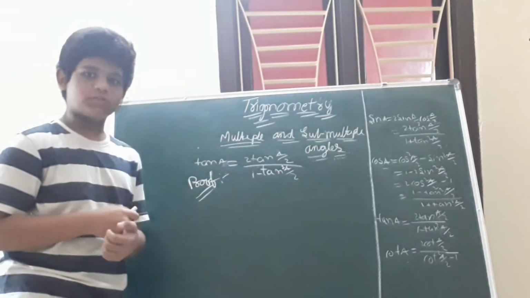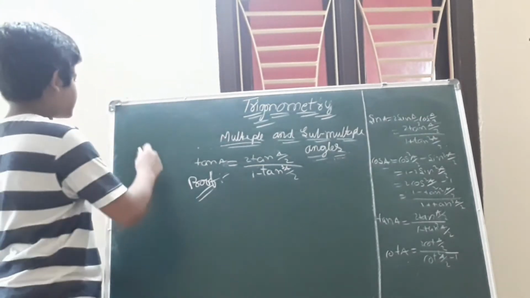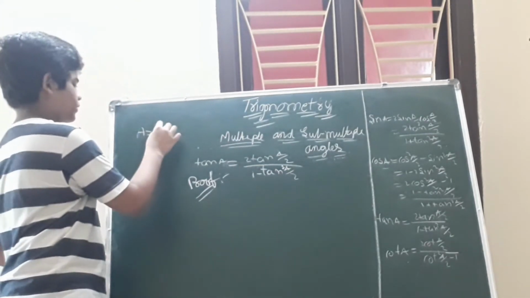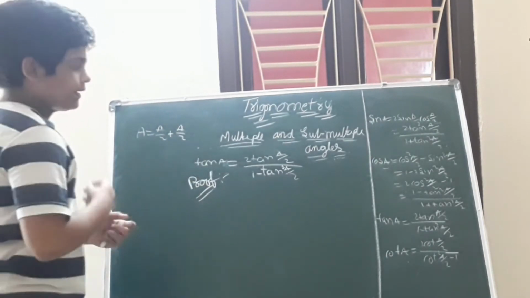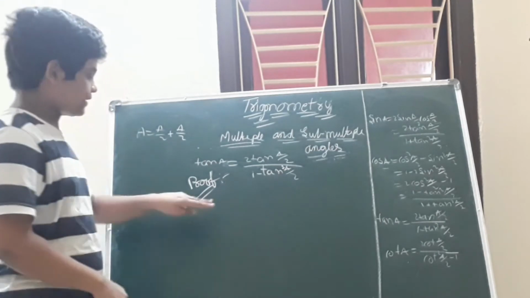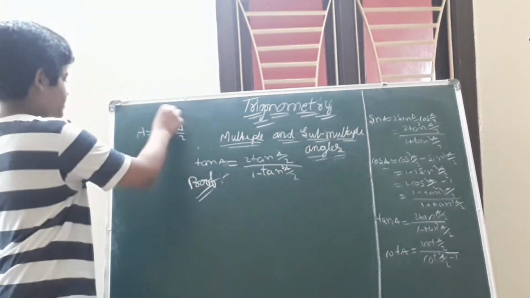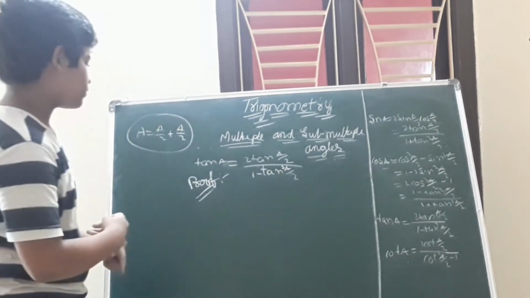We have two methods to find the proof of tan A. The first method is, in place of A, substituting A by 2 plus A by 2 and applying the tan of A plus B formula. And now let us discuss the second method, because we have already discussed the first method.